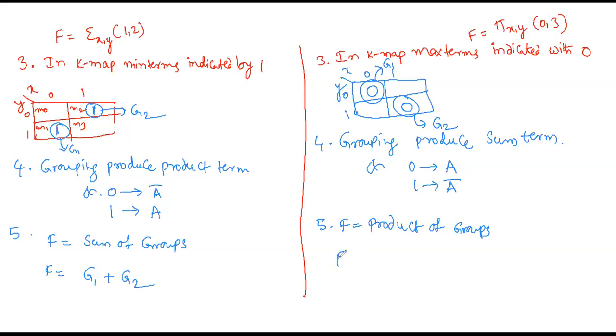Here, the product of groups, F is equal to G1 into G2. Okay?